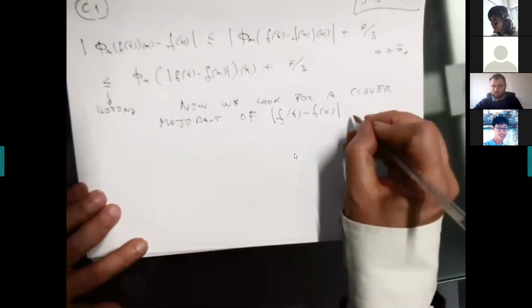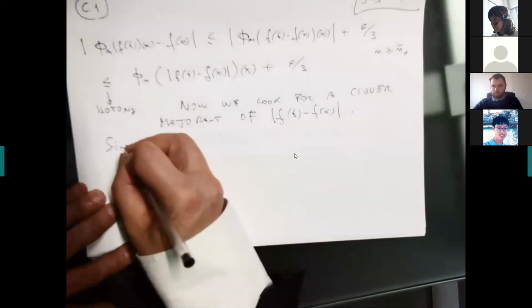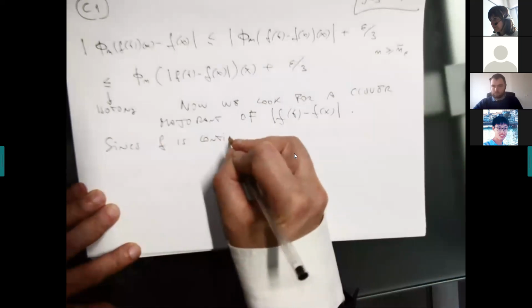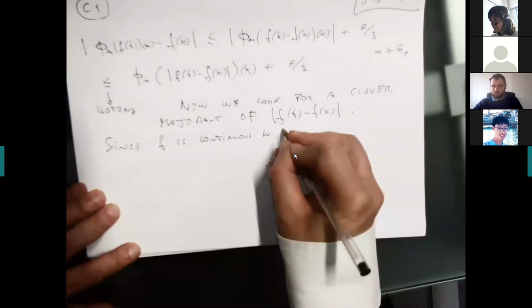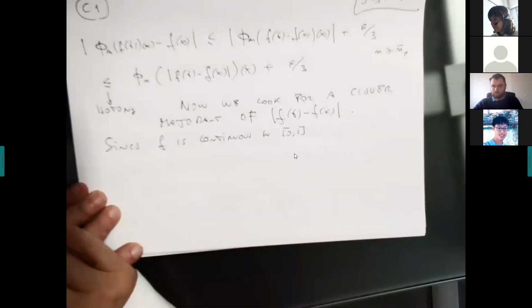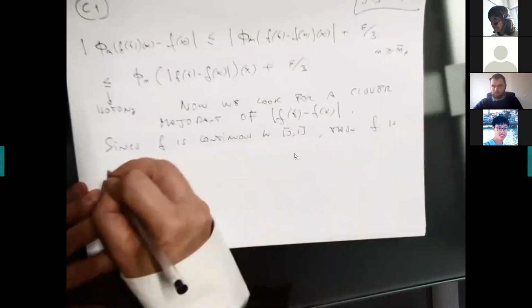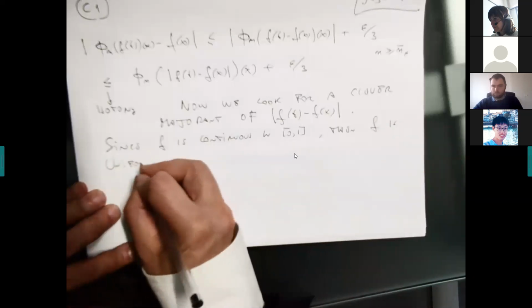Okay, now since f is continuous in 0, 1, which is a beautiful compact set of R, then f is uniformly continuous.